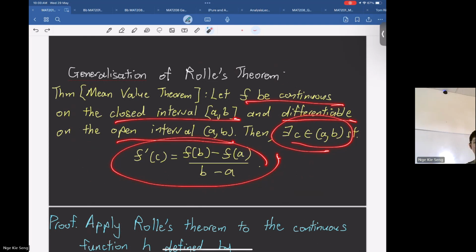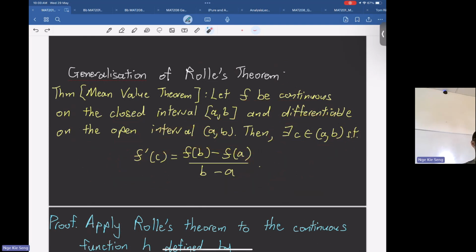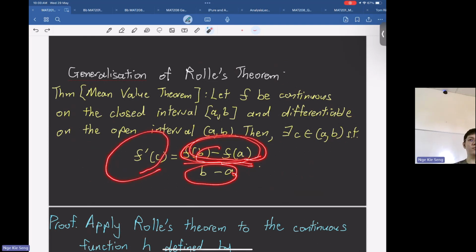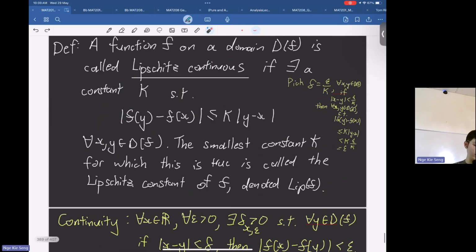So how are we going to use this to prove that? This is the difference of y over the difference of x, equal to some derivative. But in continuity, what do you have? Difference of y, difference of x.